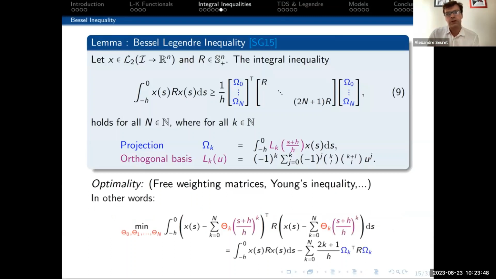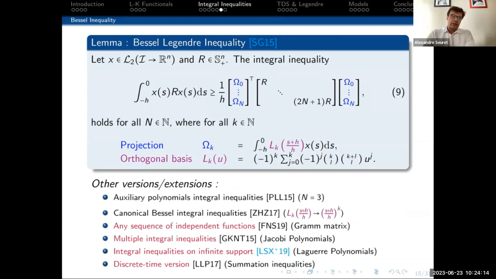So in other words, if you look at other matrices or vectors theta, and you want to optimize the value of theta so that this integral is minimized, the correct value of theta is this projection.